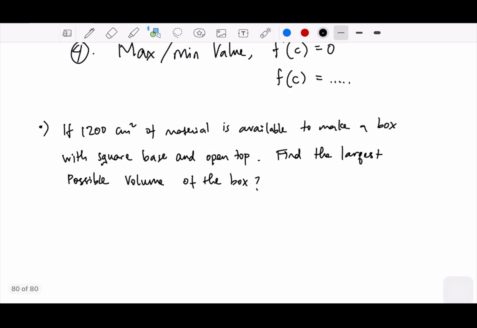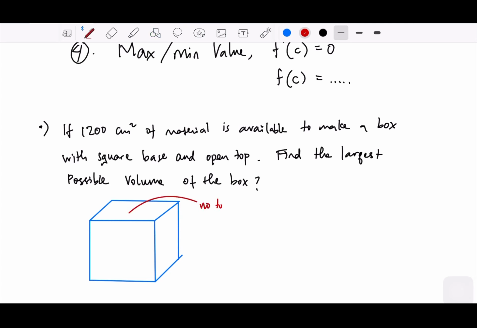So maybe we can start with just drawing the box. Okay, and imagine this is without top. No top.